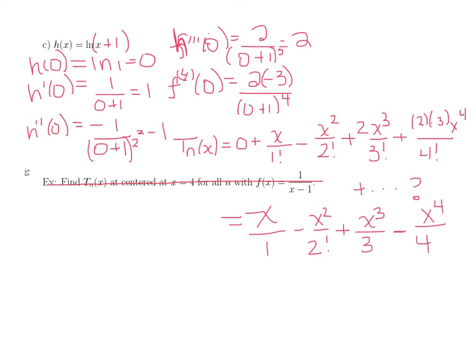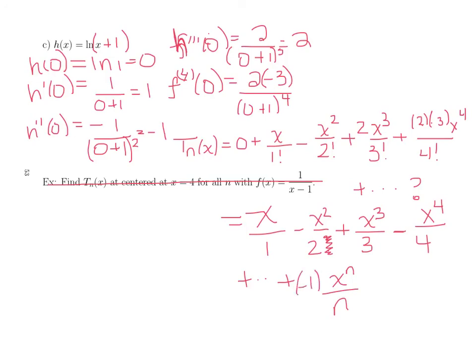So hopefully the pattern is clear now. We're canceling, it looks like. In fact, we can even get rid of this factorial, because 2 factorial is the same as 2. So it looks like we're left with x to the n over n. The factorial ends up canceling with the exponents on top. And then we have to take care of the -1.